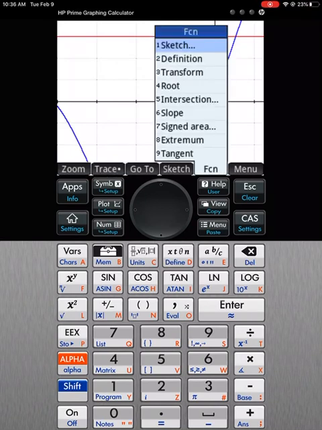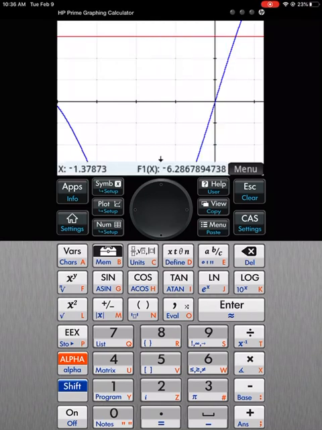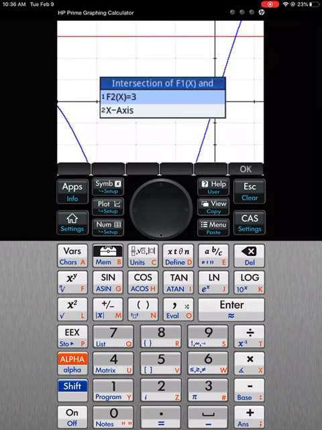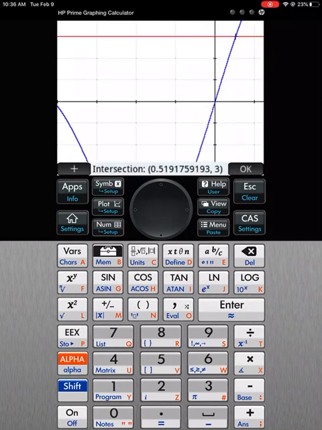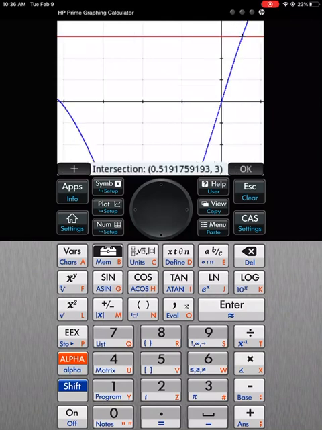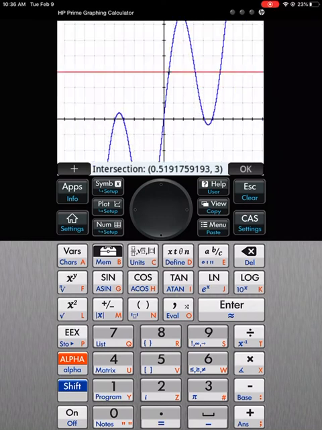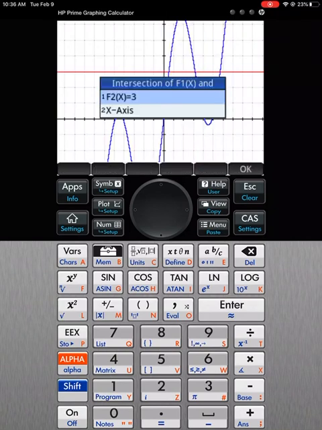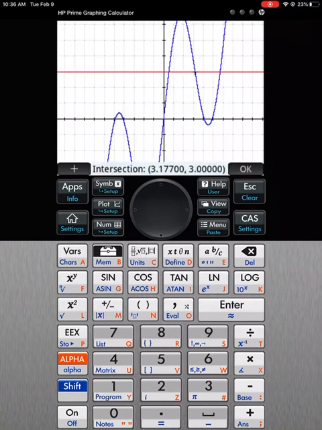We're going to go ahead and press menu, function, trace, and we get this point here, menu, function, intersection. Okay, so you're going to find all the points of intersection on this graph. So that first one was 0.52.